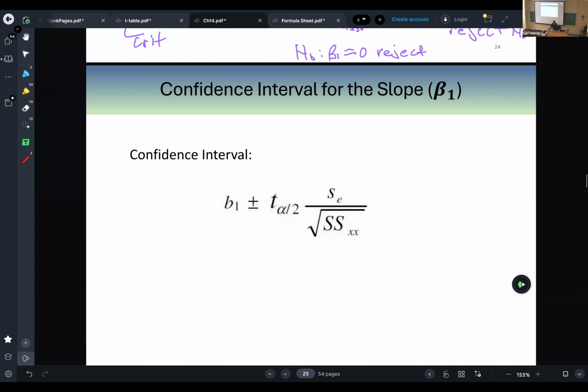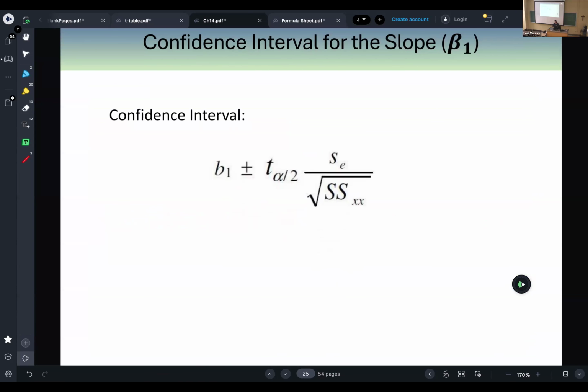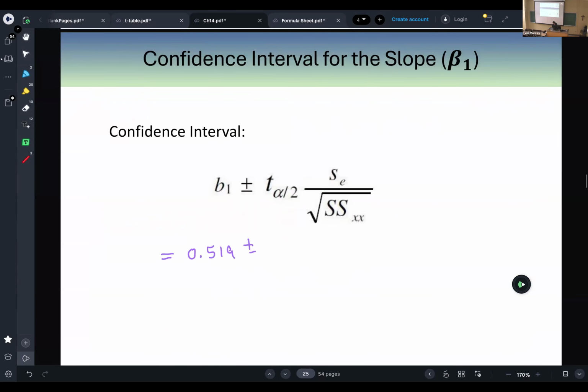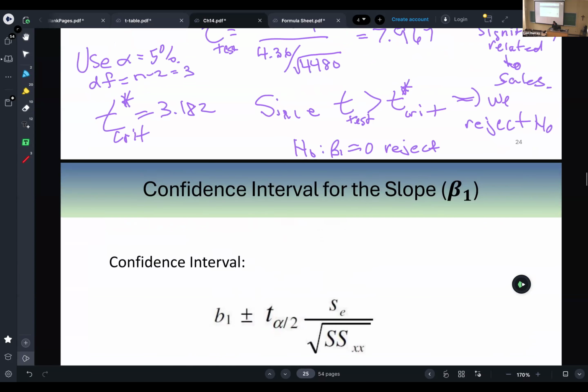All right. Instead of the hypothesis test, we could also do the confidence interval. So 0.519 plus or minus our critical value, 3.182, multiplied by 4.36, divided by the square root of 4480. We have all the numbers up here.